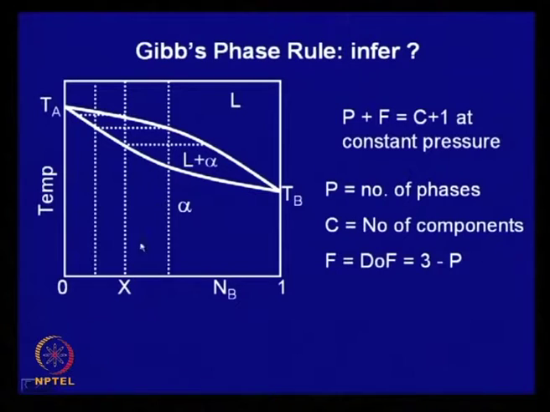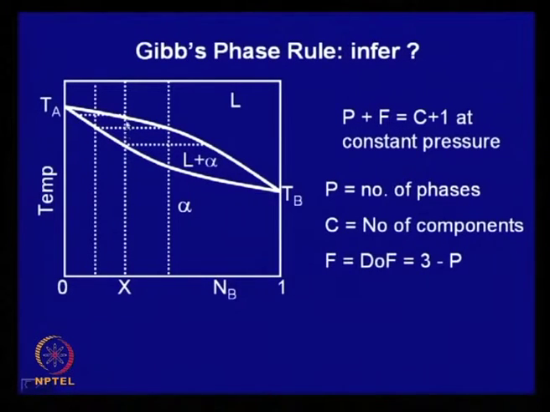Similarly, if you want to define a state somewhere here, if you say it is a solid solution A, that does not mean it can be any alloy over this regime. So, you have to define here also a particular temperature and a particular composition. So, you need two variables to define the state completely.